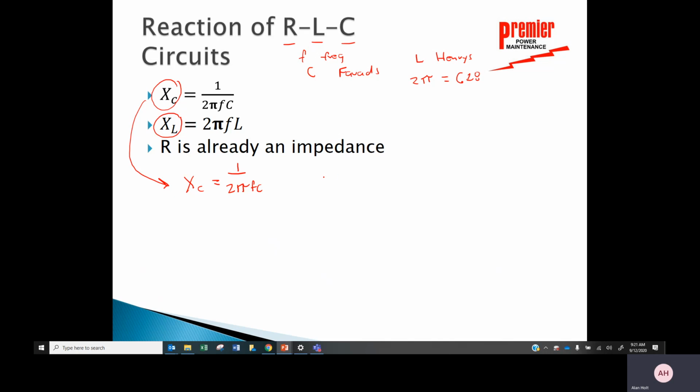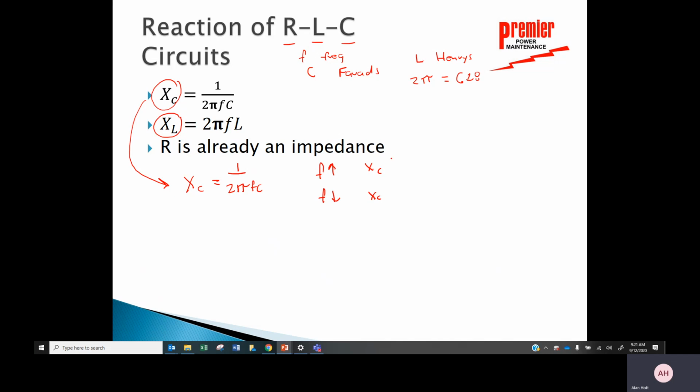Okay, so let's look at what happens when frequency goes up and frequency goes down. What happens to X sub C? Well, if we look at the equation here, we can see as frequency goes up, the denominator gets larger. So X sub C gets smaller and smaller. 1 divided by a larger number gets smaller and smaller.